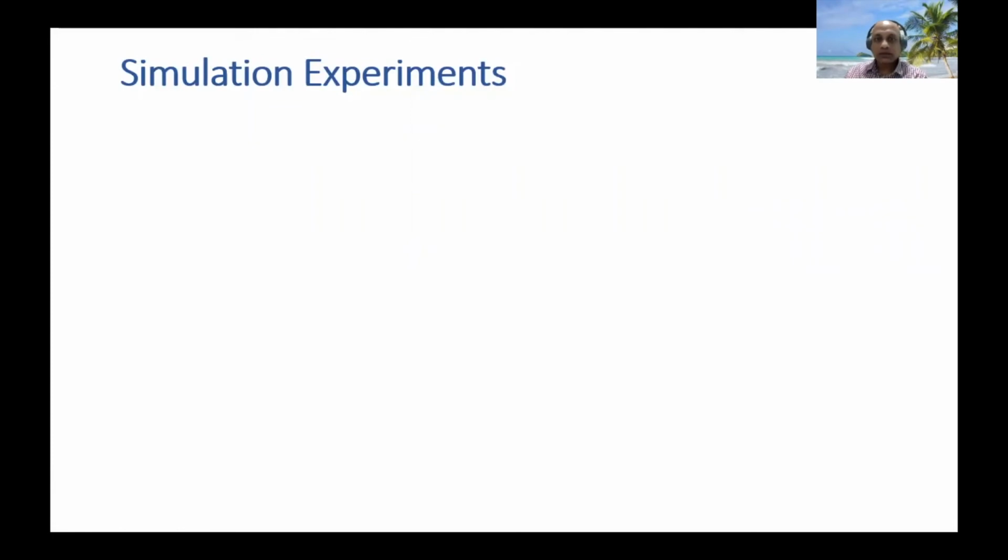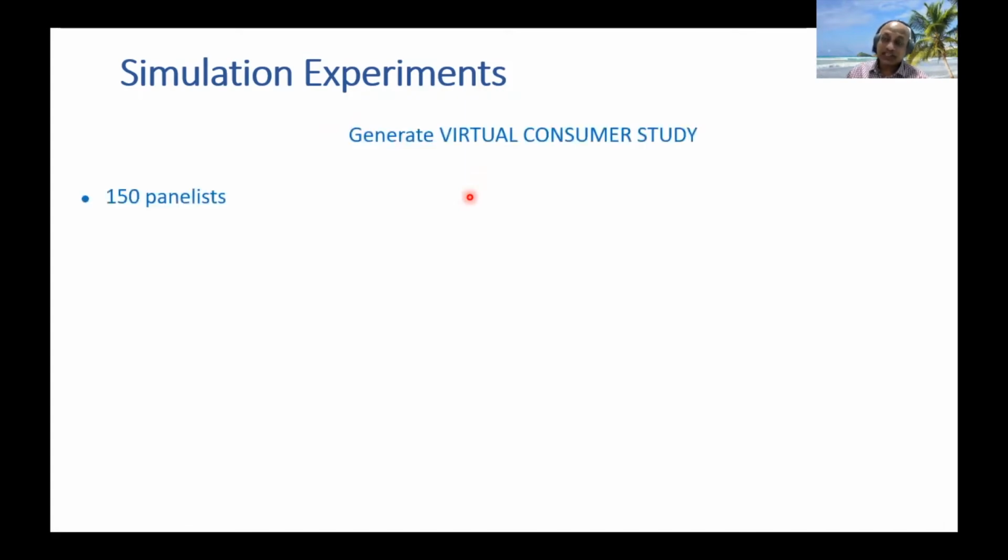Okay, now we will demonstrate the simulation, and in order to do that, let us consider a relatively simpler study design. We will generate 150 panelists, each presented with the same 3 product legs, but in various randomized order. And each panelist will answer 30 questions.